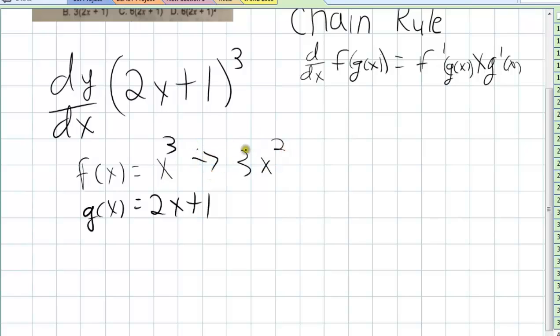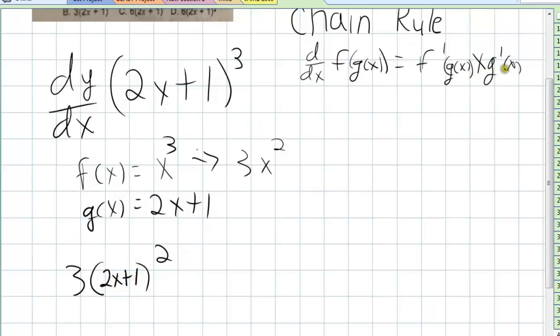This is our derivative, so I'm going to say 3 times x squared. But what is x? I said to evaluate it at the inner function, so my x here is 2x plus 1.